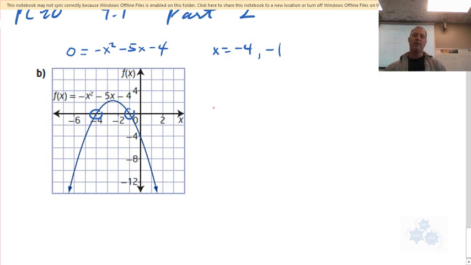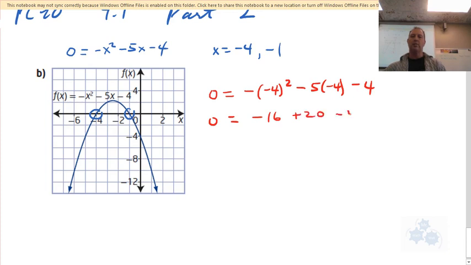Now we could check that, and let's just do that. -4 squared minus 5 times -4 minus 4, that should equal 0 if we've got this correct. So what does this look like? Well, -4 squared is positive 16, so that's a negative 16. This is a negative times a negative, so that's plus 20 minus 4. Okay, so negative 16 minus 4 is negative 20 plus 20 is 0.